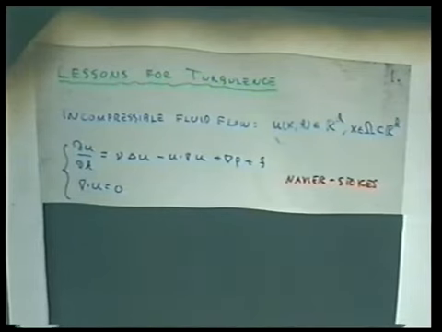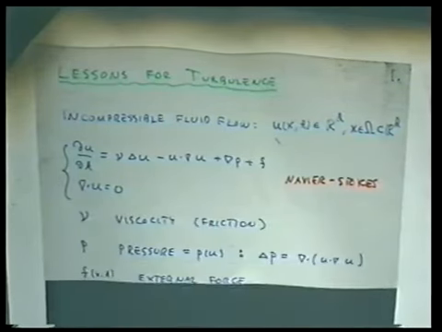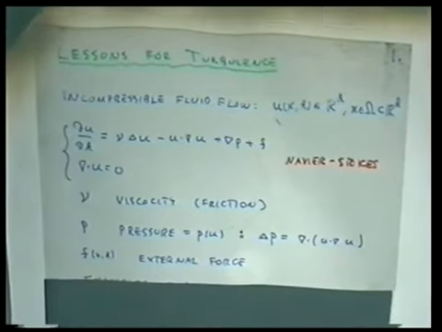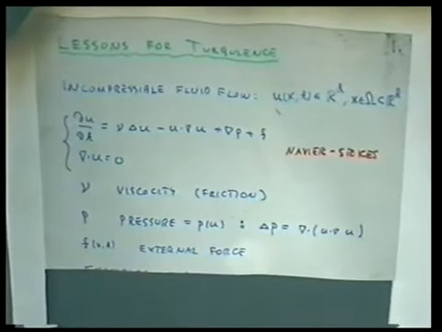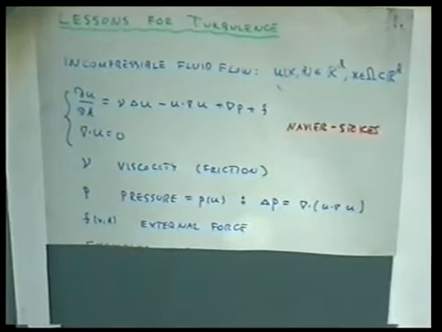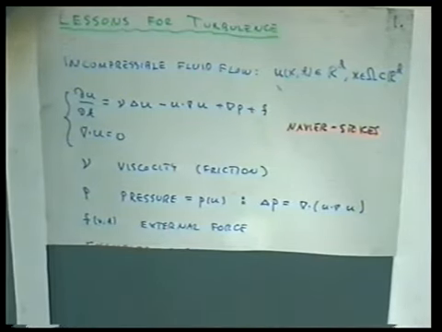So that's the equation. With a little additional condition, we are discussing incompressible fluid flow, which is a very good approximation in many, many practical cases. All right, so viscosity, that's the friction. The pressure in the case of incompressible flow is actually a function of the velocity, so it's not an independent term.